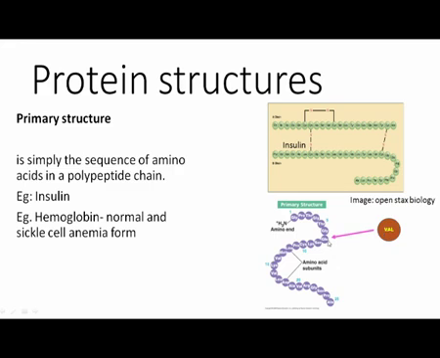So, when a glutamic acid, that is an acidic amino acid, gets replaced by a valine, then the structure of this protein is completely changed. It becomes what is called sickle cell hemoglobin. So, hemoglobin becomes sickle cell hemoglobin. We will look at it in due course once again.